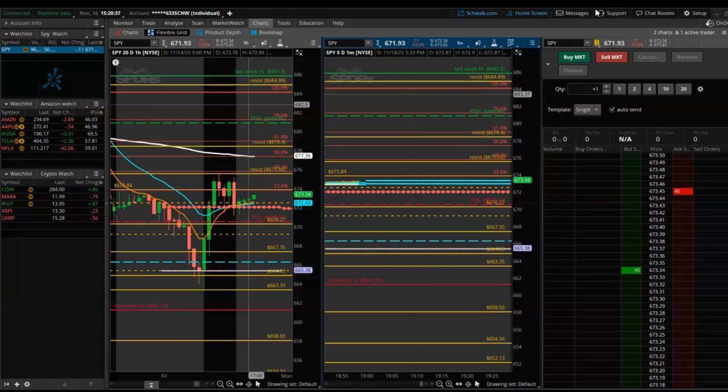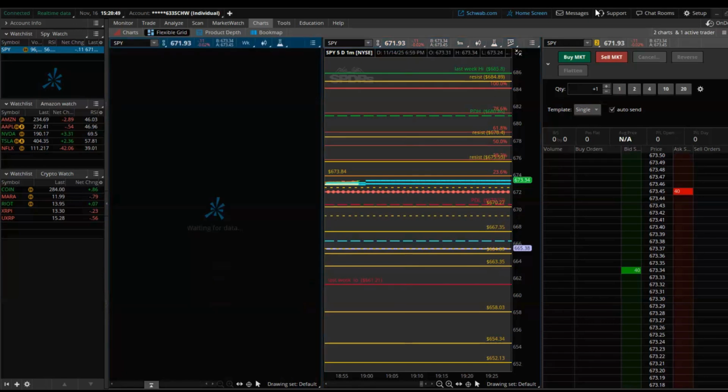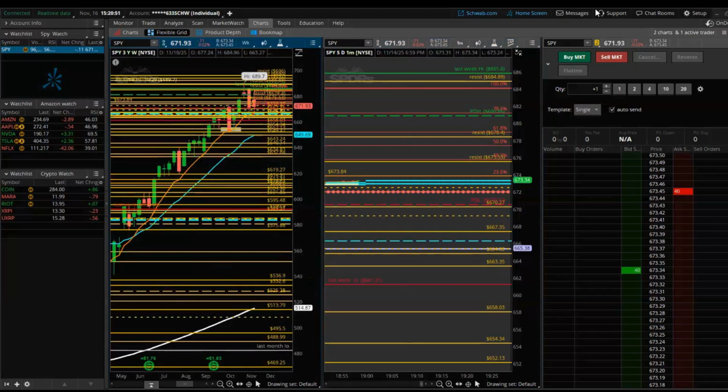As you see right now, I'm on a 1 hour chart from last week, but I'm going to change that since it's going to be the next week coming up. I'm changing this chart to a weekly chart. So as you guys can see, this is now weekly.